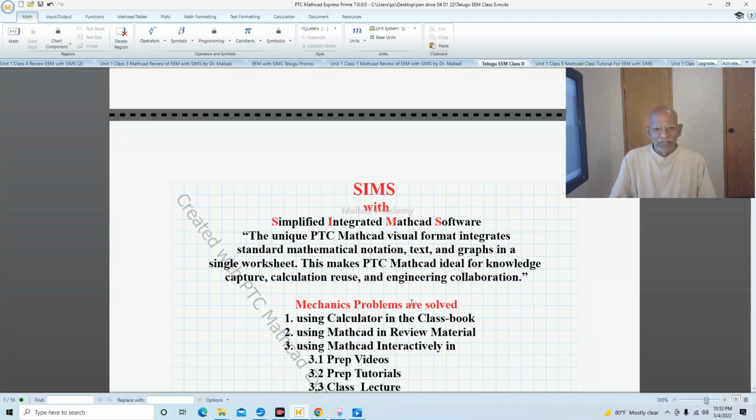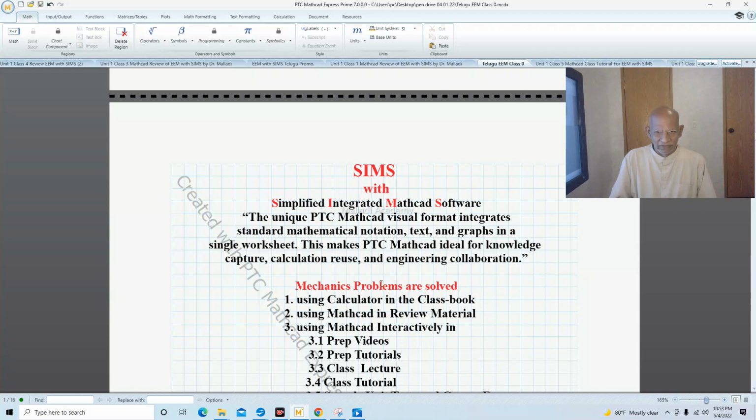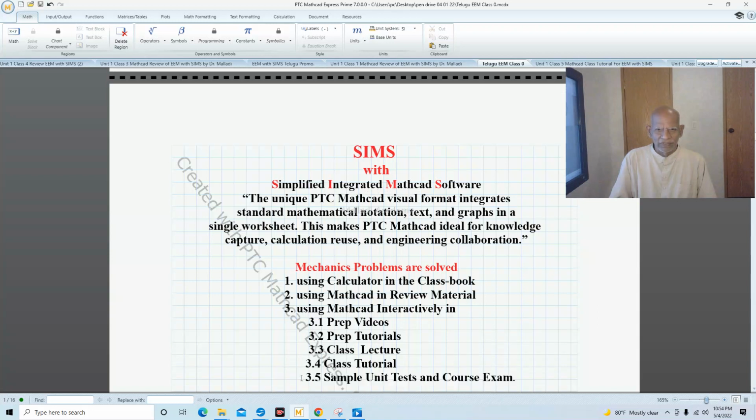Mechanics problems are solved in this book using a calculator in the class book, using MathCAD in review material, and using MathCAD interactively in prep videos, prep tutorials, class lecture, class tutorial, sample unit tests, and course exam, as I demonstrate in this introductory lecture to you.